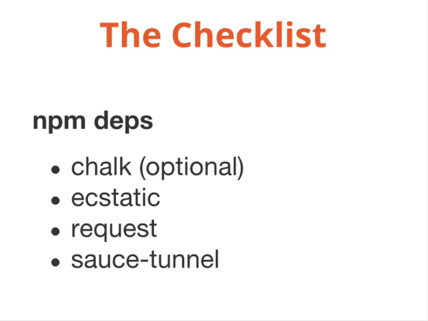In the first link I sent on the Lodash was my saucelabs.js file, and that's where you'll see how I wire up Sauce Labs. I basically start the static file server and handle the connection to the Sauce tunnel, and then try to avoid callback hell because it's Node, and get everything working there.